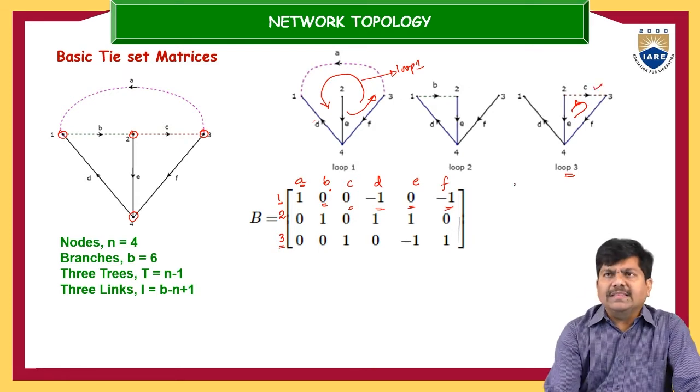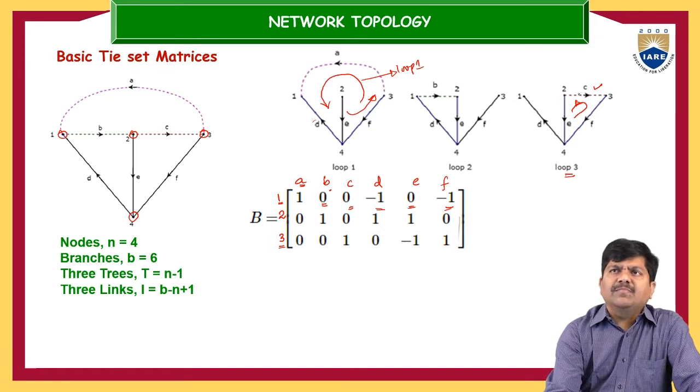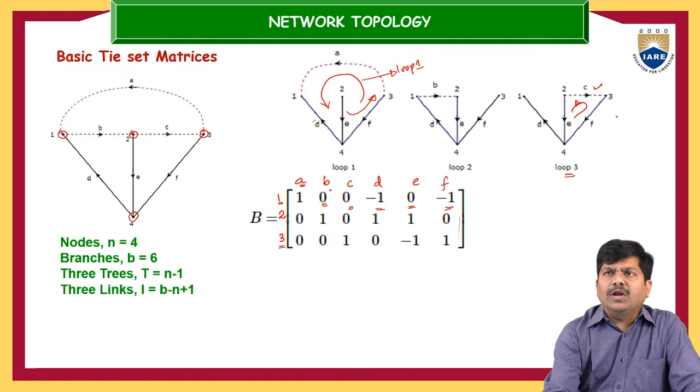Loop number 3 is in the clockwise direction, because C is oriented from node number 2 to node number 3. With respect to loop number 3, A is not a part, so straight away we write 0.